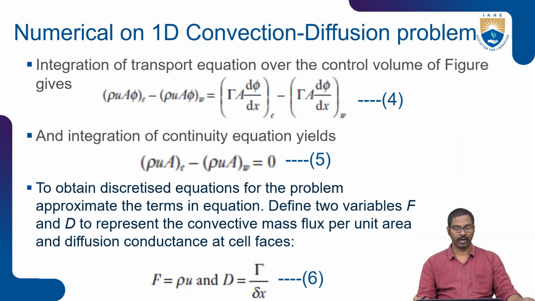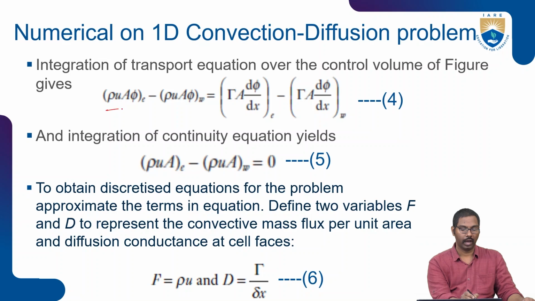Integrating the transport equation over the control volume as shown in the figure, about the node P, the integration varies from the lower limit west face to the upper limit east face, so that we obtain rho u A pi at e minus rho u A pi at w. Here capital A represents the cross-sectional area, which is constant.